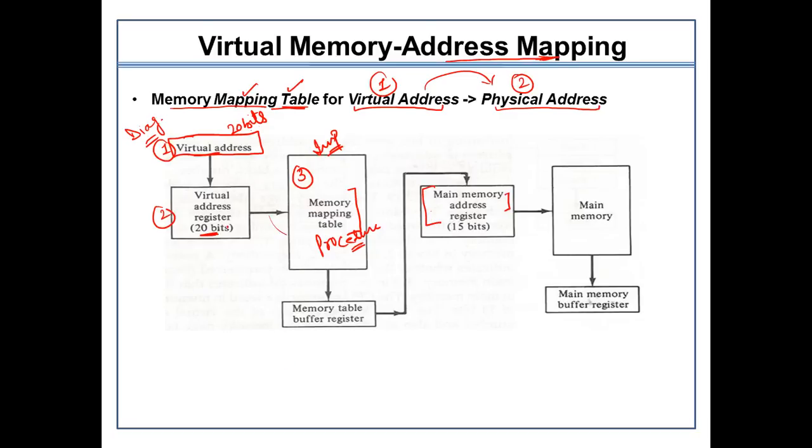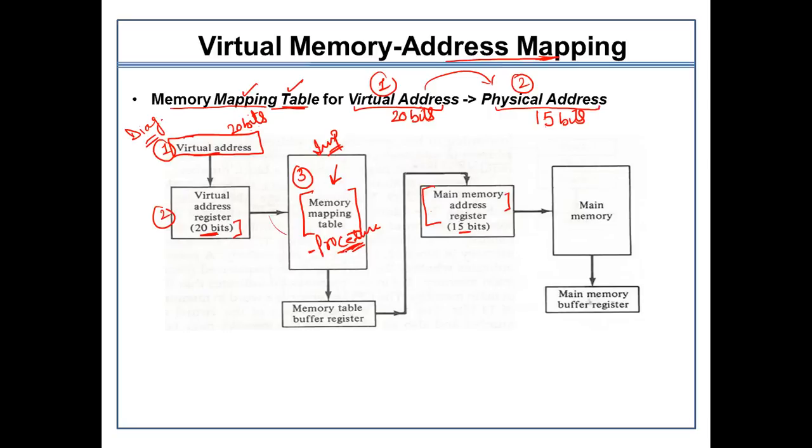This virtual address consists of 20 bits, but the physical memory's address consists of only 15 bits. So there is a difference of 5 bits. How is that difference of 5 bits to be maintained? That difference will be maintained using a procedure here in this memory mapping table.